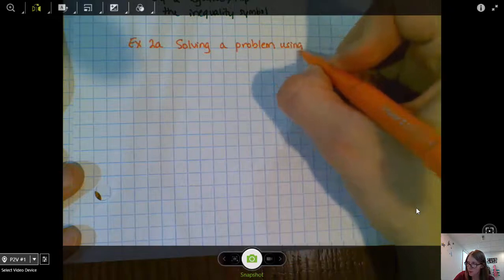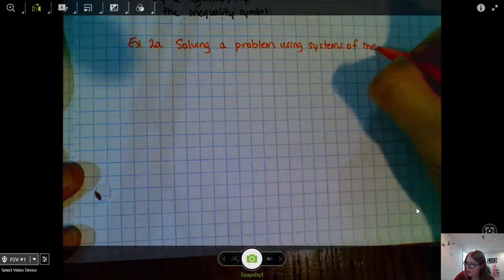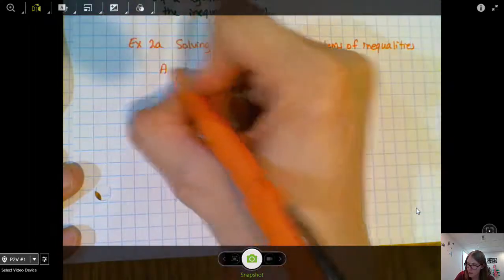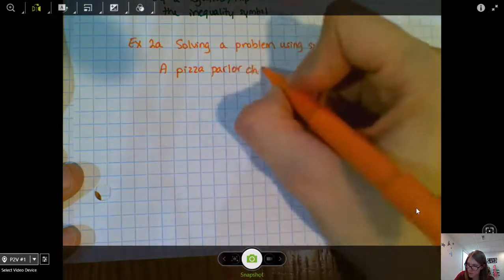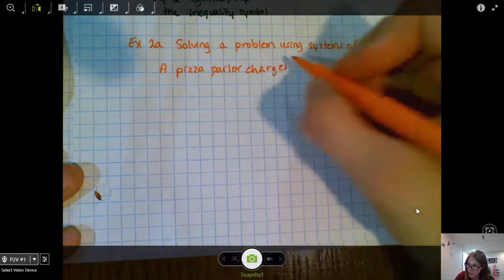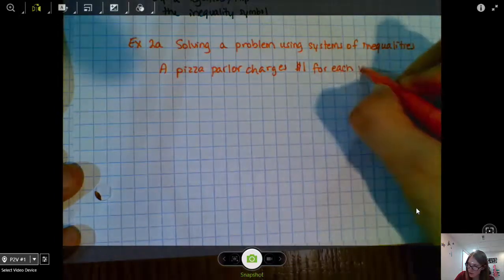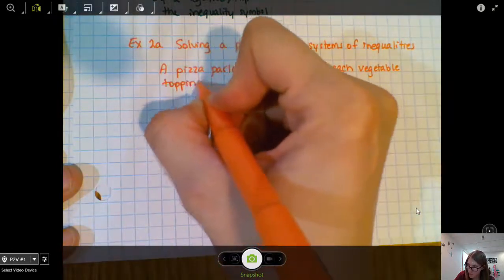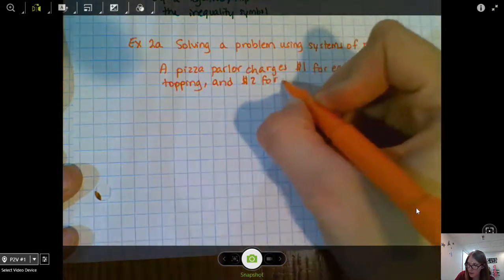Solving a problem using systems of inequalities. So here's my situation. We have a pizza parlor, and that pizza parlor charges $1 for each vegetable topping and $2 for each meat.